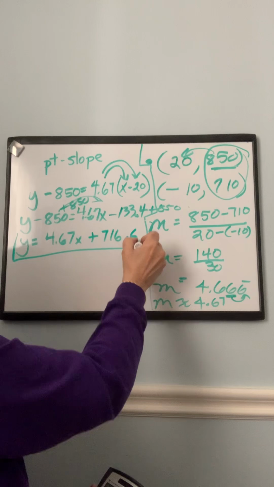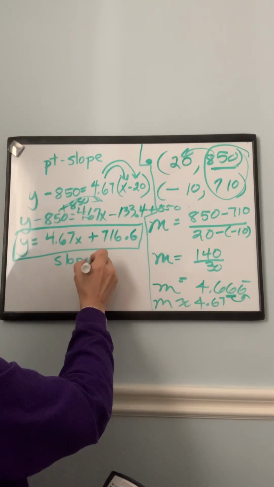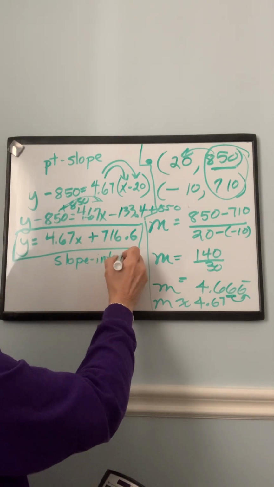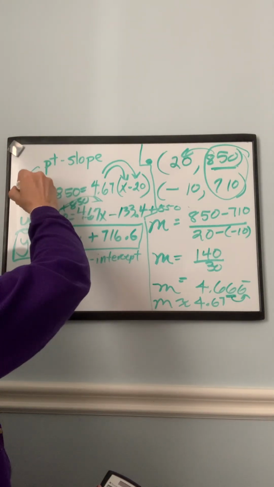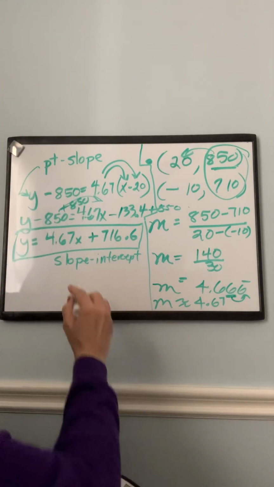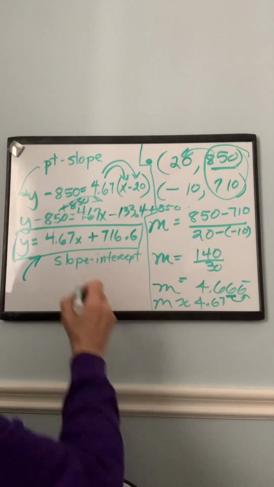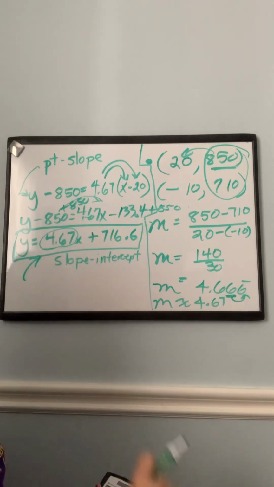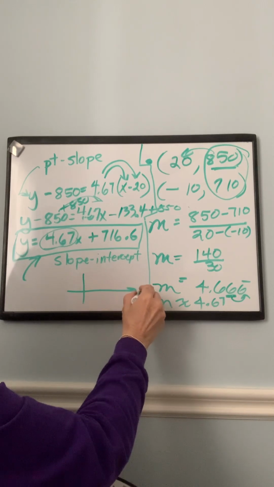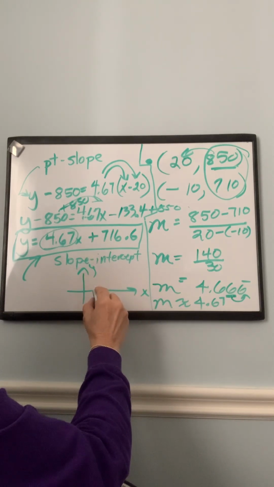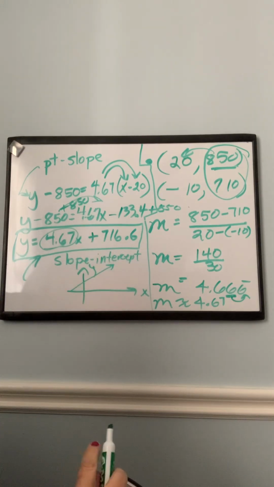So this would be what we call the slope-intercept form of the linear equation. Whereas this is the point slope that we first start with, but we end up with the slope-intercept form of the equation. And because my slope is positive here, a positive value, I know that on the graph, it will rise up from left to right.